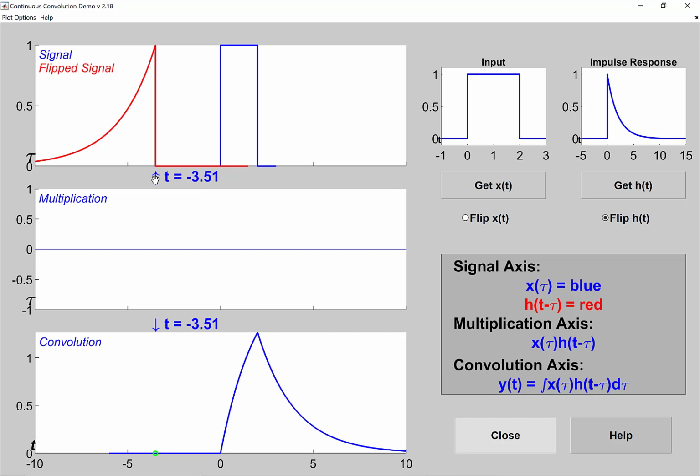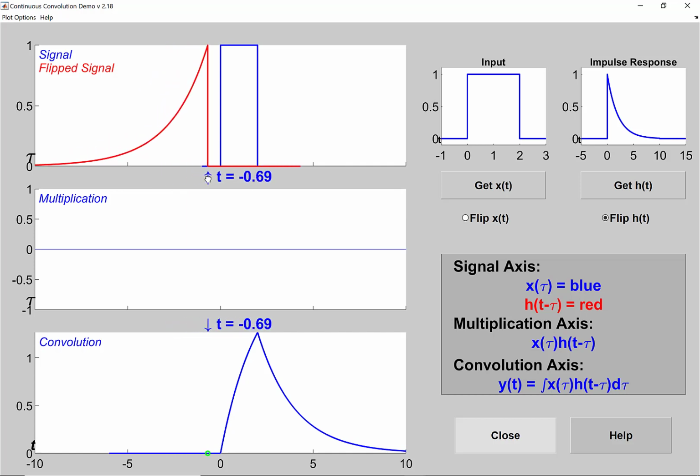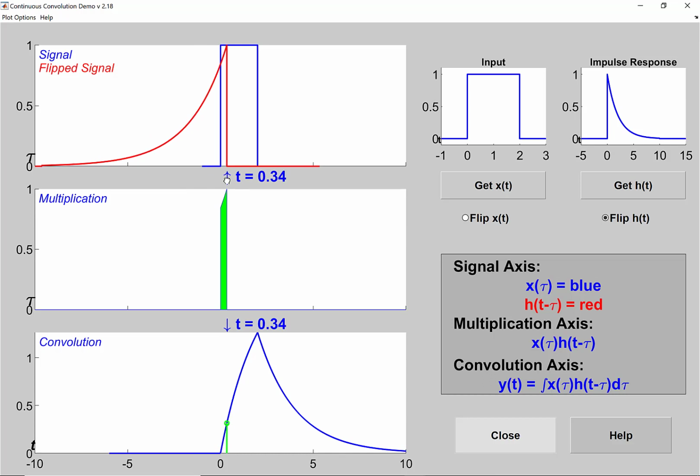So notice that because they don't overlap, they multiply together and get 0. But as I move it forward, and notice the green dot's moving as well, all of a sudden it starts to pick up a value. It picks up an area, and thus y of t picks up a value.